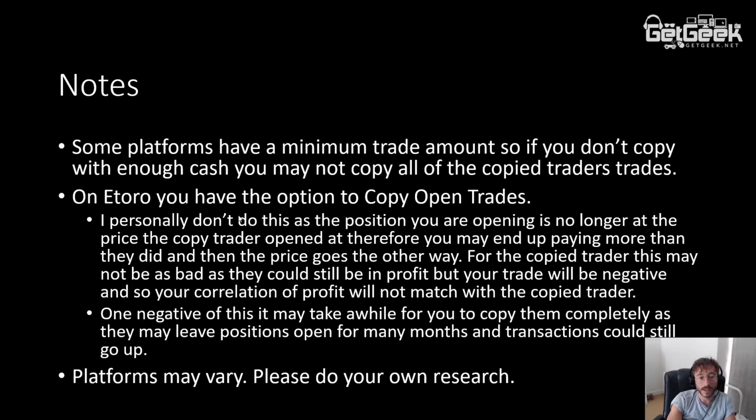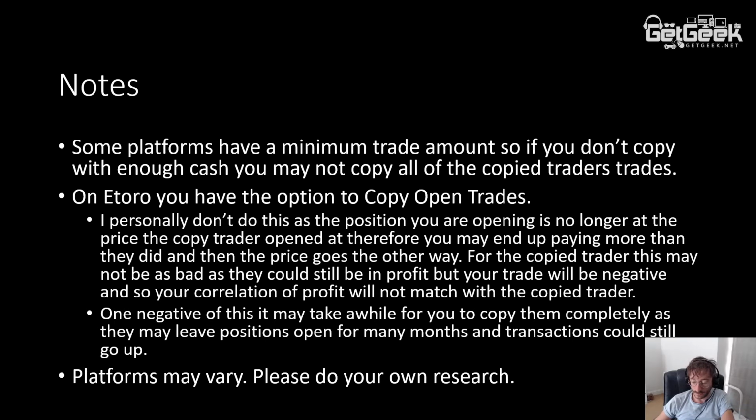And the reason for that is, for example, say that guy there had bought one of his trades, I don't know, last week, and the price was $10 last week. It's now worth $15. Now, if you copy the open trade at $15, he's in profit because it's gone up $5.